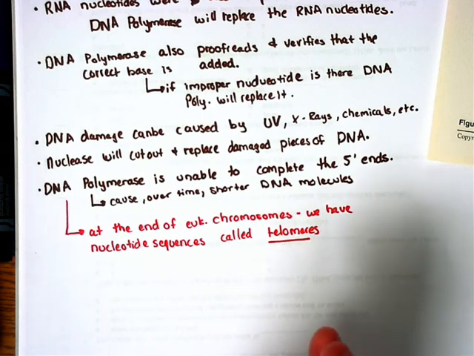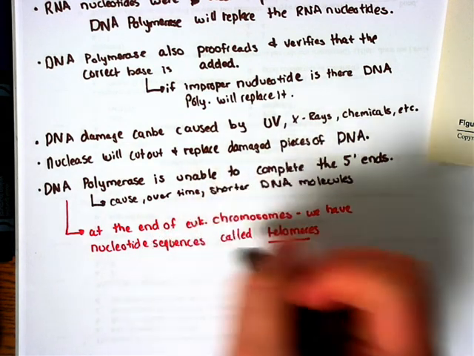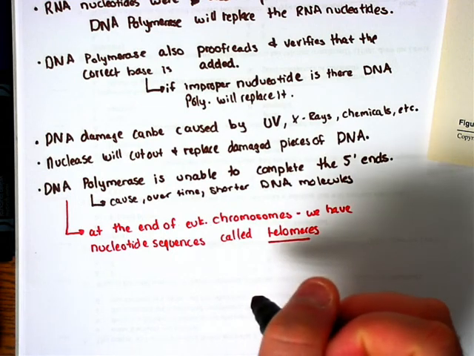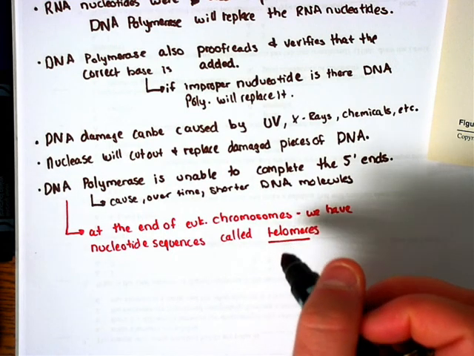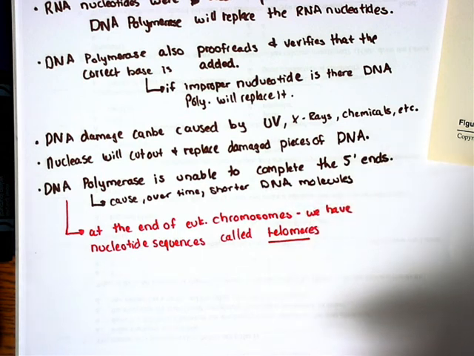It's like saying that Campbell and Reese will erode, so we put the absolute most meaningless chapter at the very end of it. Because if that falls off, well, it was meaningless anyway. Good? So that's why we say that telomeres have these nucleotide sequences. They are not coding for genes, obviously. And they don't stop erosion, they just cause an erosion of something that is really not important.